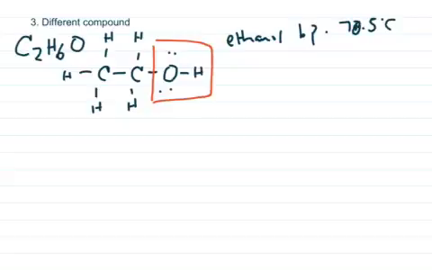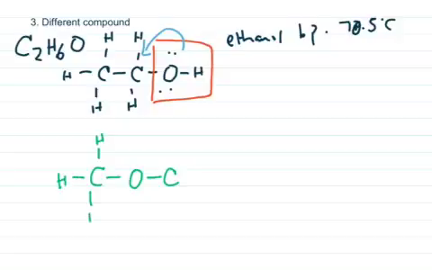Now we can draw this another way, where we take the oxygen and make it the middle. So let's draw this one out. This compound is known as methyl ether.